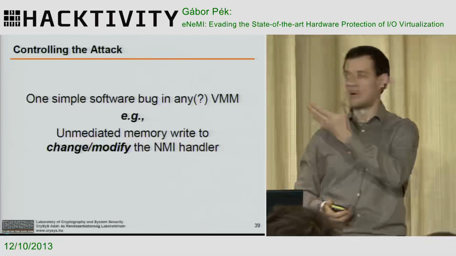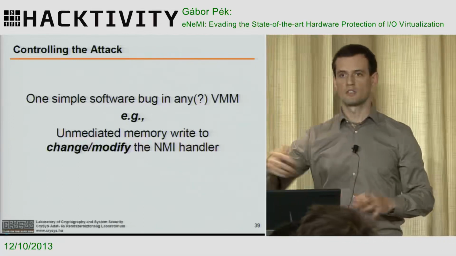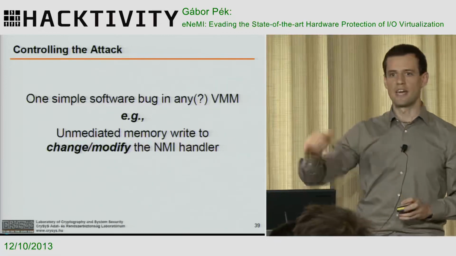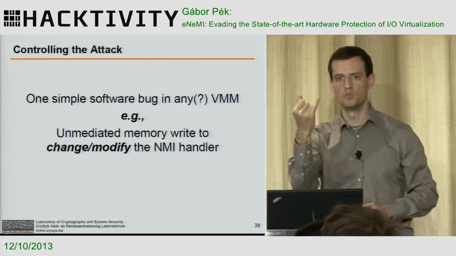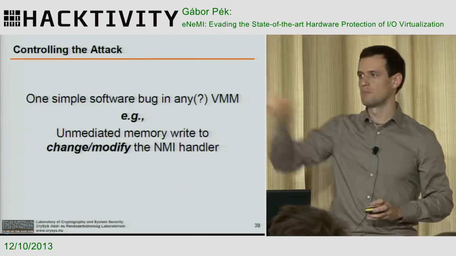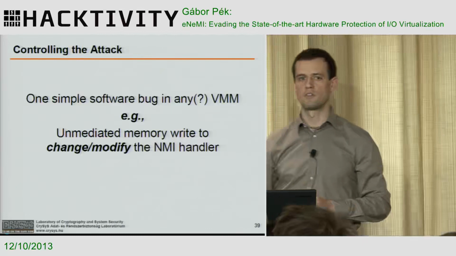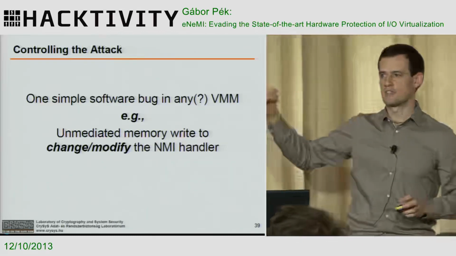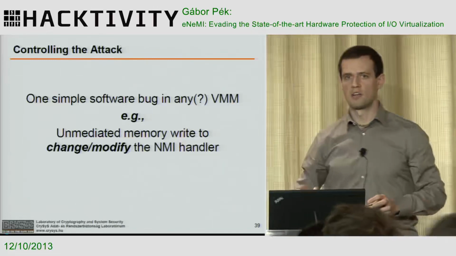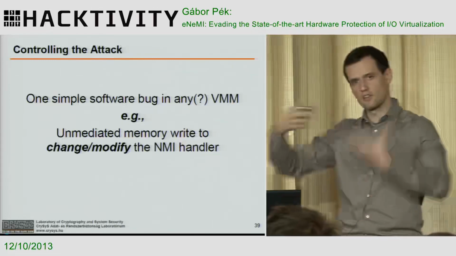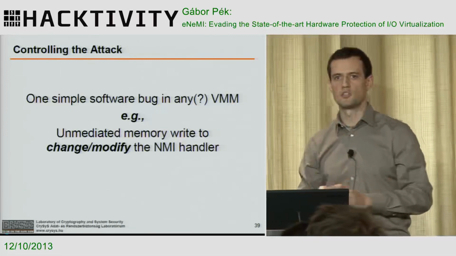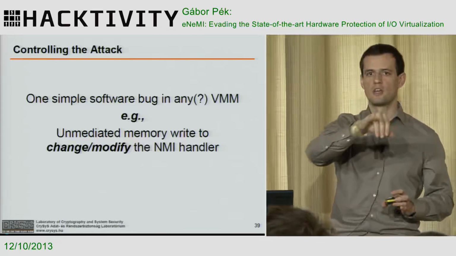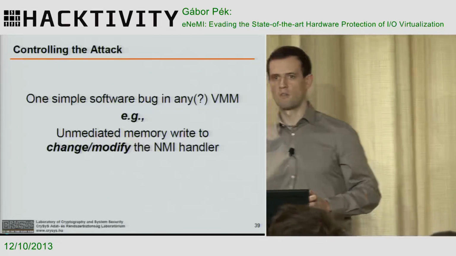For example, in Xen, invisible things invoked a hypercall handler, right? And in the hypercall handler, they had a function that allowed them to move memory content from the VM into the hypervisor address space. There was a copy-from-guest operation. And if something like this is inside the NMI handler, maybe you can cheat on this. Or you have a simple software bug that allows you to create an unmediated memory write operation and place shellcode inside the memory. You can trigger this by this attack.